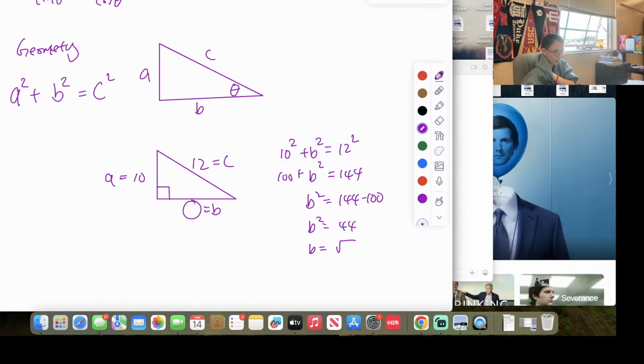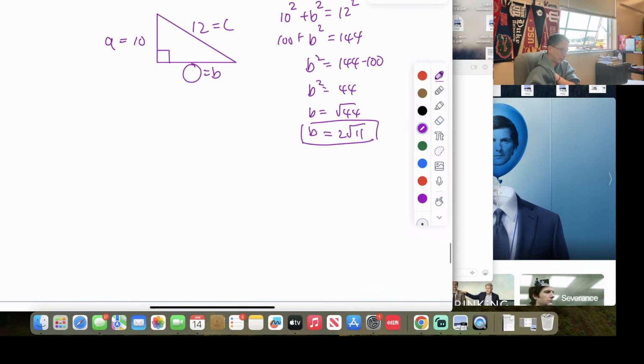B is equal to square root of 44, which is 2 root 11. Do you guys get that? On the SAT, this should be an easy question. You are going to get Pythagorean identity constantly asked of you.